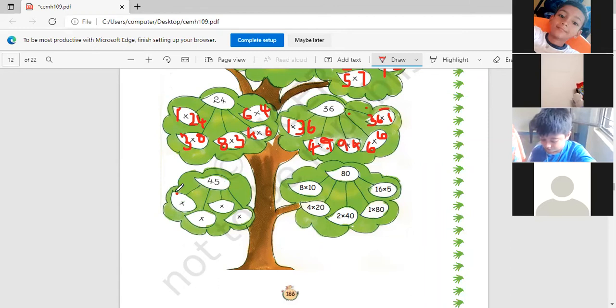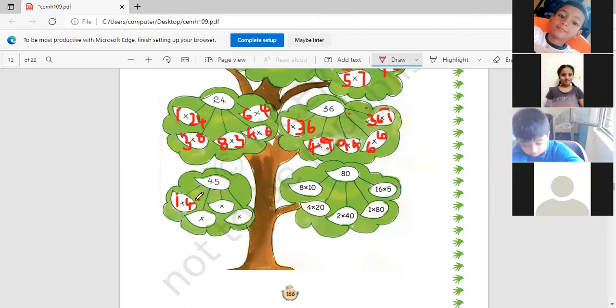But for the first one, as I told you, if you don't know the tables, or if you don't get the answer quickly, you can take 1 times 45. Is that correct, Gurudipti? 9 5s are 45 as you told.